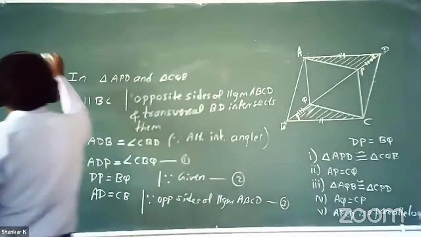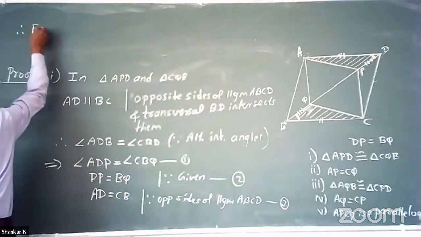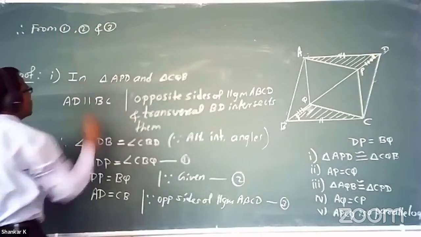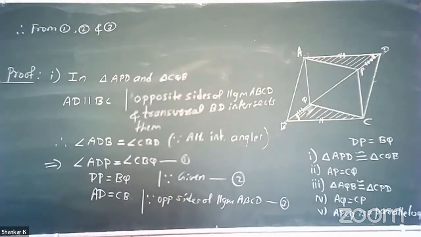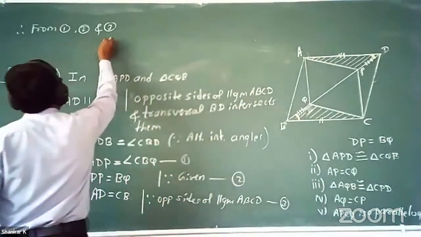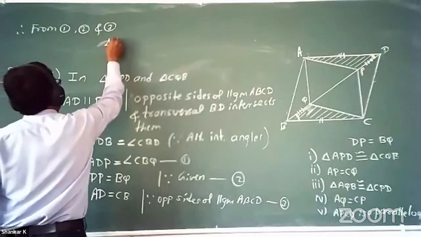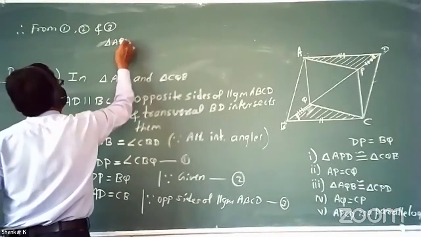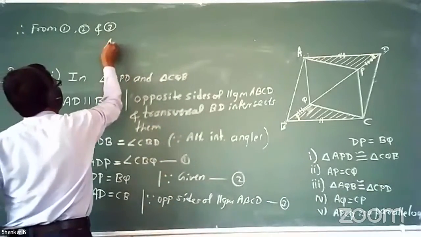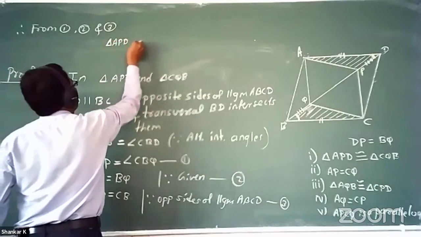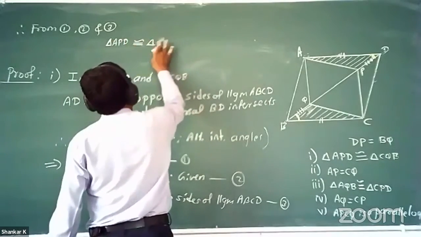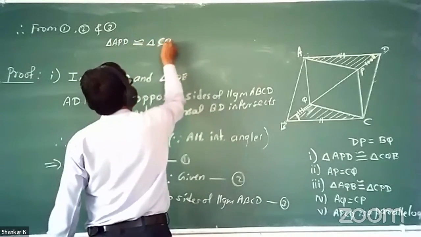Now, therefore, from 1, 2, and 3, which triangle is congruent? This one. Triangle ACD is congruent to triangle CQB.